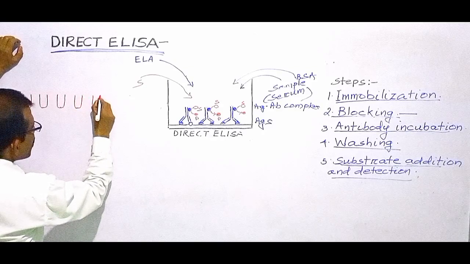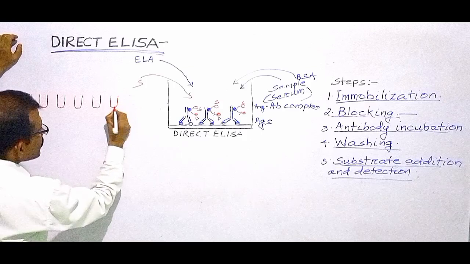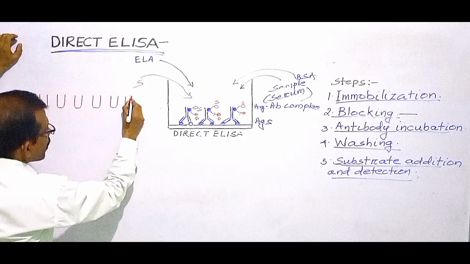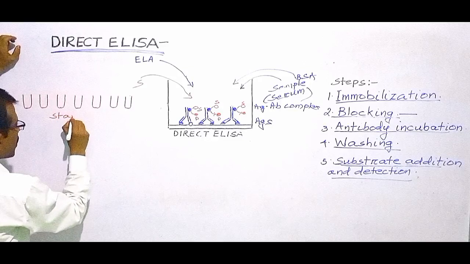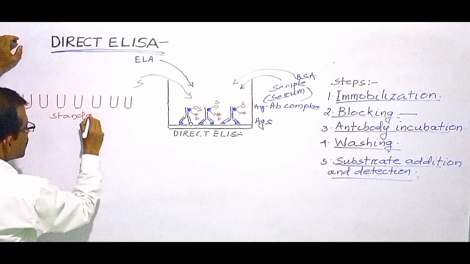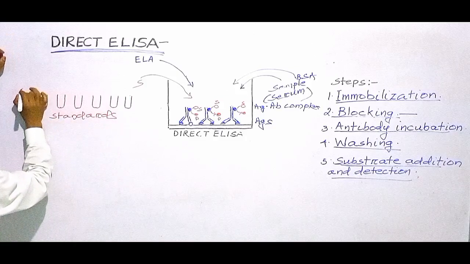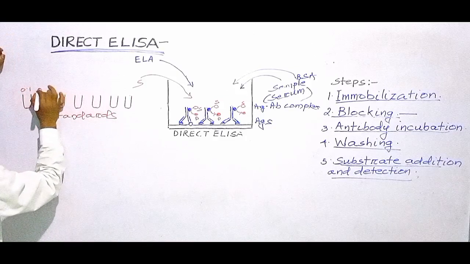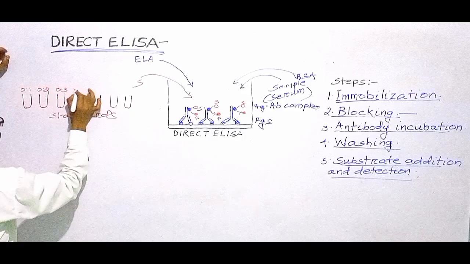So these are the wells of a microtiter plate. In all these wells, a series of standard solutions having increasing known concentrations of antigen has been placed.